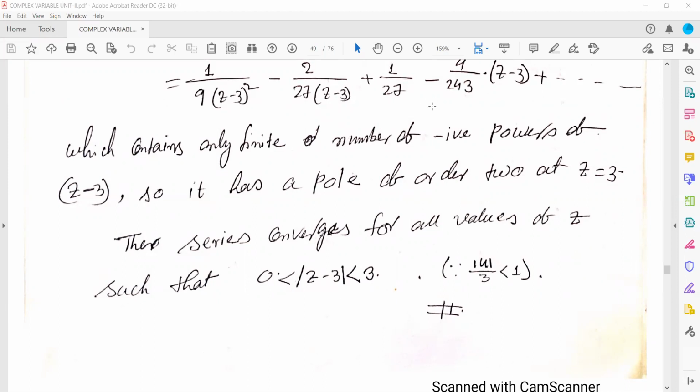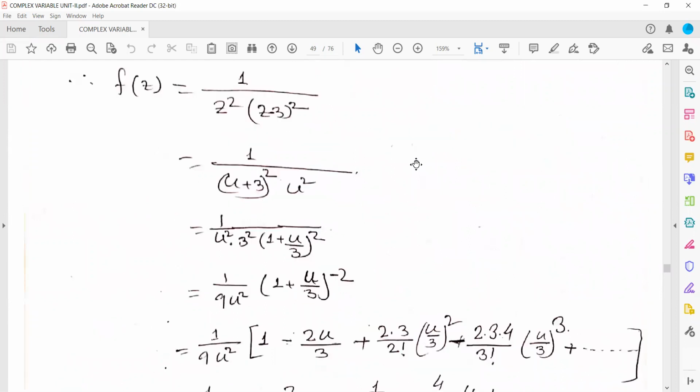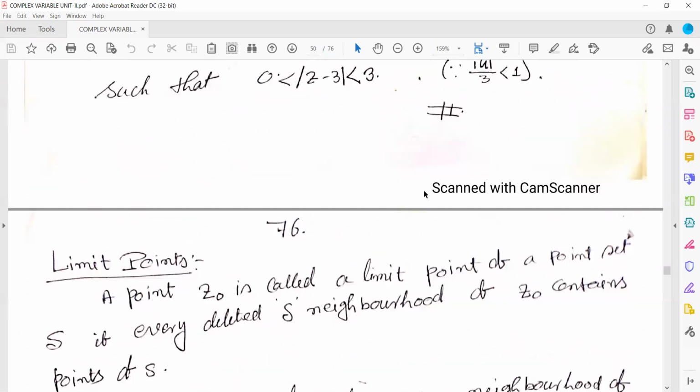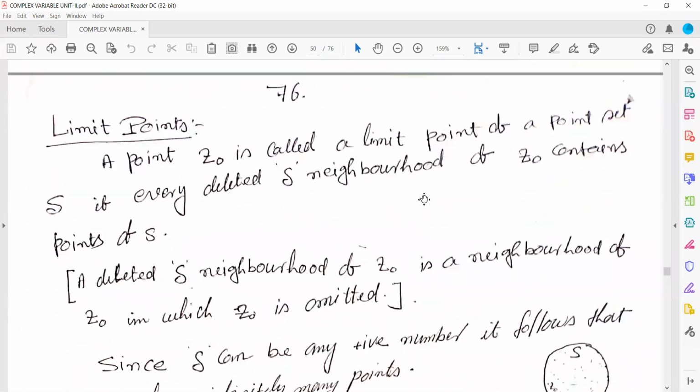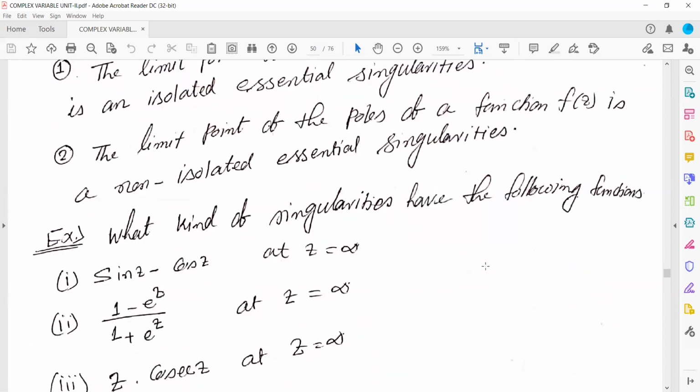So in this way, you can go through all the problems about singularities. Okay. And then just one more class is required to finish your syllabus, so maybe tomorrow we'll finish it. Limit point is left here.